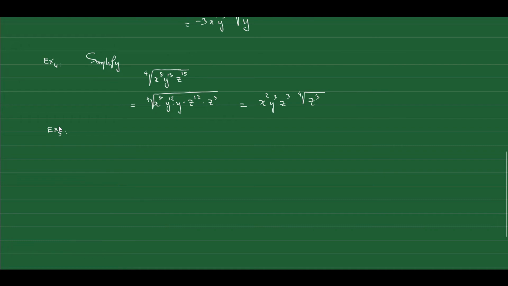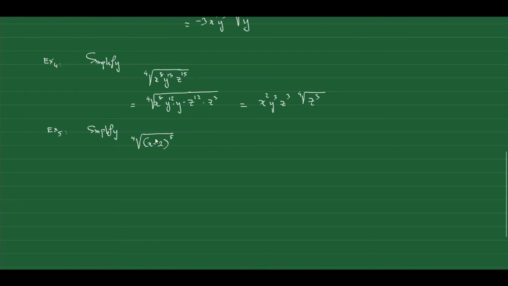What if I have this? What if inside is an expression that is the sum or difference? What if I have x minus 2 inside, and this is raised to the fifth exponent.